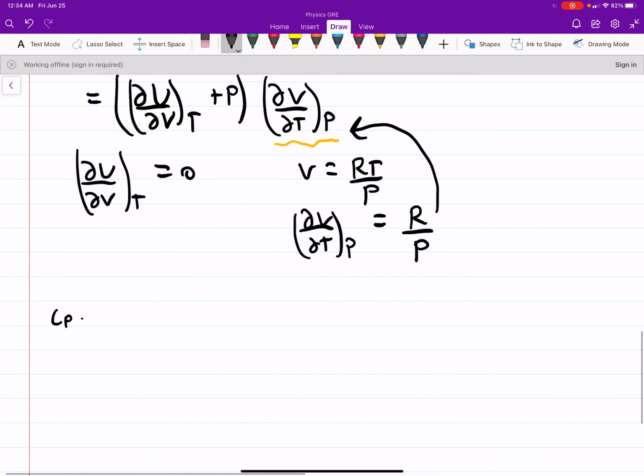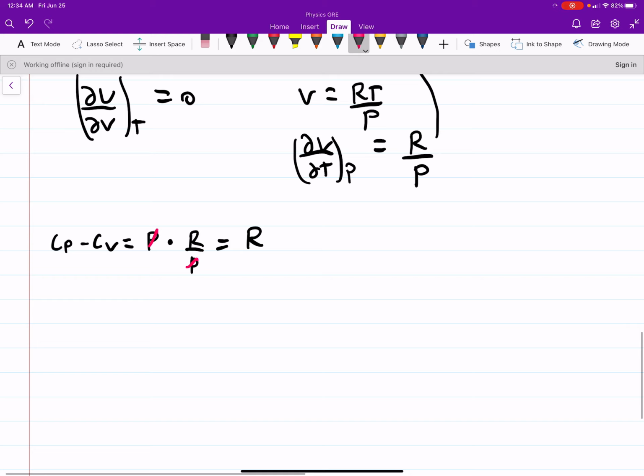So Cp minus Cv equals P times R over P, or just R, because these obviously drop. Okay? Which means Cp equals R plus Cv if we add Cv to both sides.